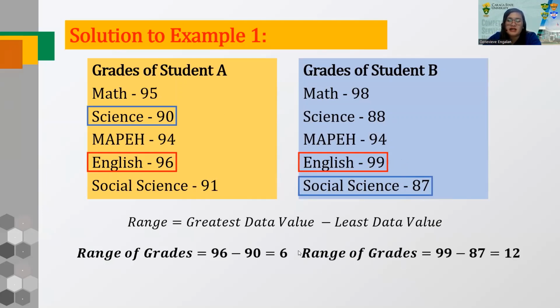So, pag tanaw pa lang nato daan sa range, klaro na kaayo nga si student A, mas reliable iyang average or mas consistent siya nga student compared kang student B. No? Okay. So, ang disadvantage lang sa range is dili niya magamit ang tanan values. Iya lang tan-awon is the highest and the lowest nga value.